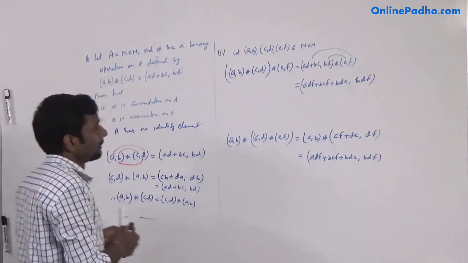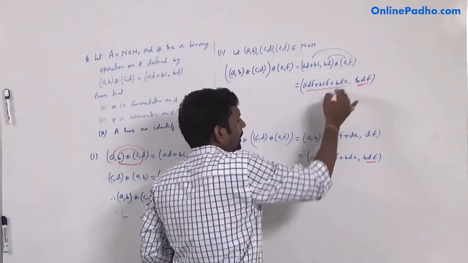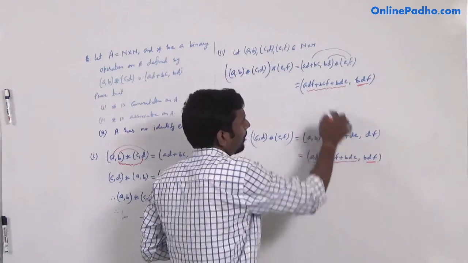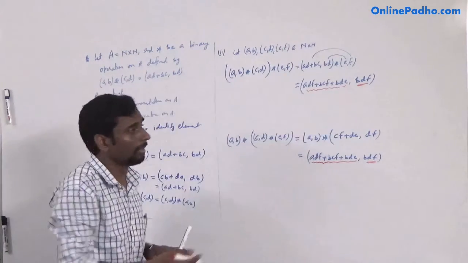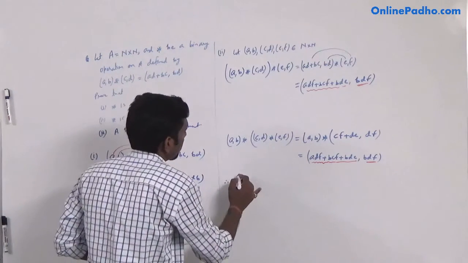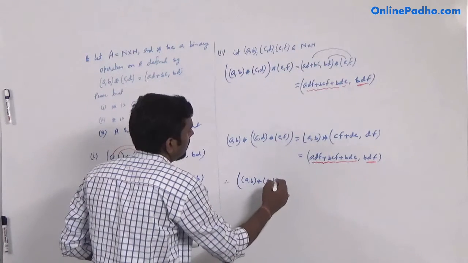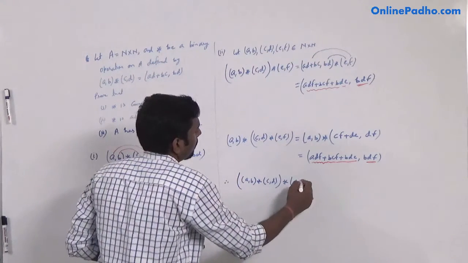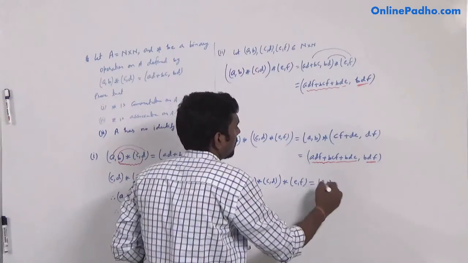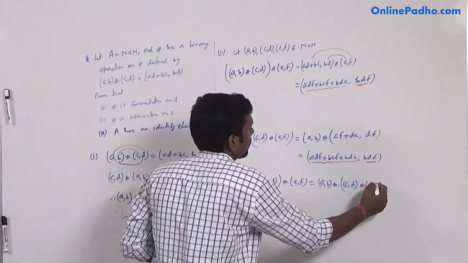Are both equal? Yes. The second element BDF is equal to the second element, and ADF plus BCF plus BDE are the same on both sides. Both ordered pairs are equal, so we can say that AB star CD star EF is equal to AB star CD star EF.